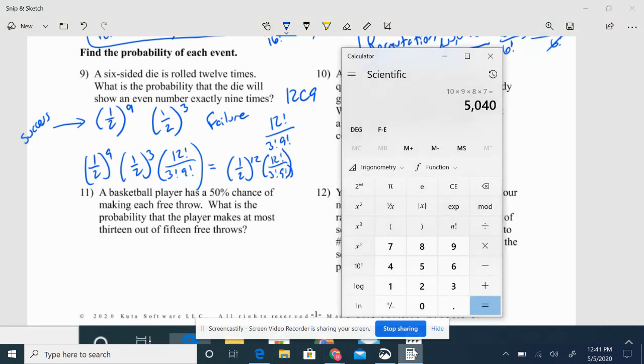I'm going to type 12 factorial, divided by, using parentheses, 3 factorial times 9 factorial, close parentheses. So make sure I have 12 factorial over 3 factorial, 9 factorial. Okay, so I have that.